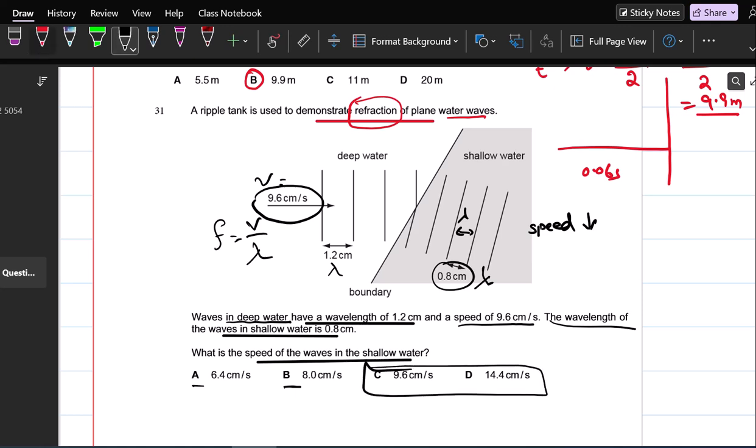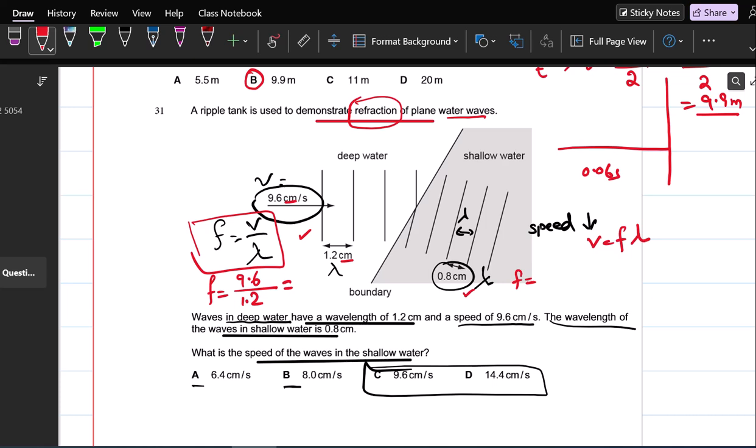So what we are going to do, students: the frequency will remain the same because it is moving from one region to another. Only this is the difference. So we can find the frequency here, then we know the wavelength here. We will use this frequency, then we will use v = f lambda. So f is equal to 9.6 centimeter per second divided by 1.2 centimeter. Be careful regarding the units. Units should be the same and they are the same.